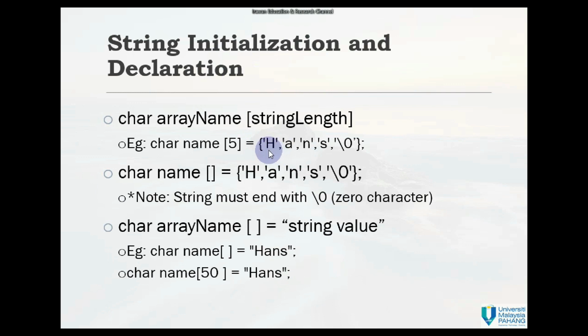So either you can put it in parentheses, as you can see here, or you can define it as a word in inverted commas like this, with the character array with a null size or infinite size here. Let's say we have Han here, Han is maybe a name.